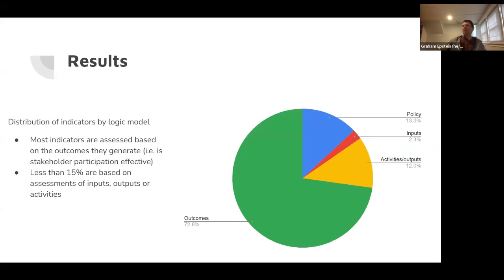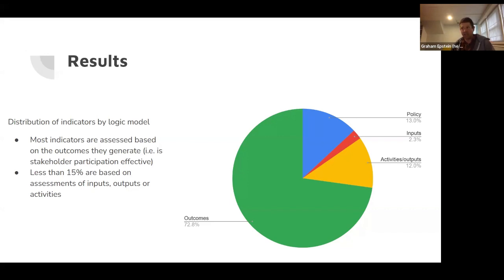I wish I had my slide on the logic model, but most indicators are assessed based upon the outcomes they generate. People go out and assign some goal for a particular dimension, such as stakeholder participation. We want people to be happy with the process and to accept the rules that are developed, and the question we ask is, is stakeholder participation relatively effective?